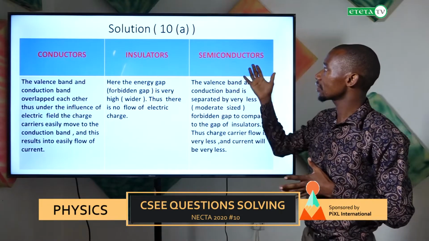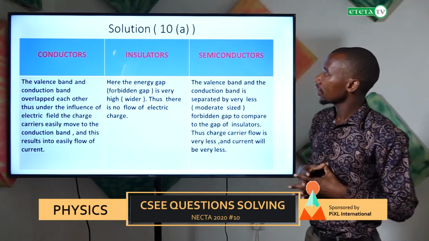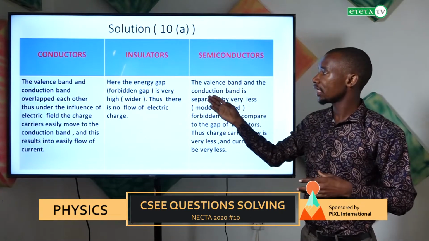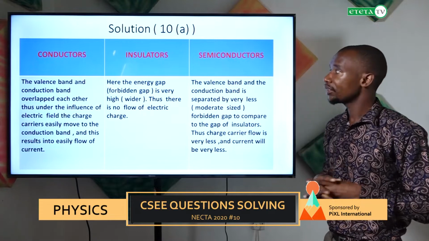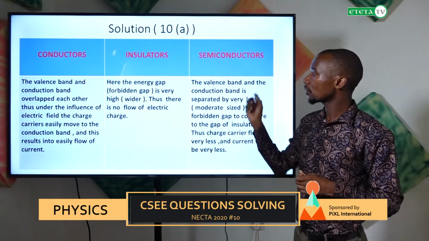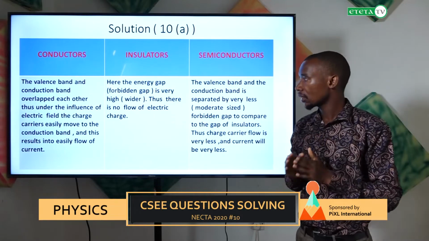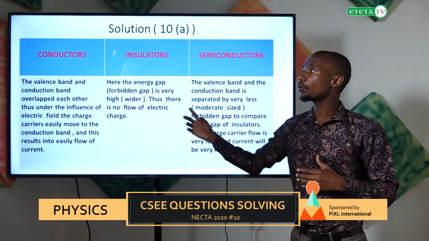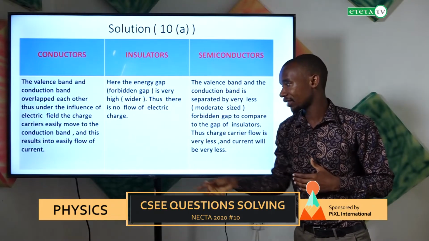When you come to semiconductors, semiconductors also have 3 bands. It has valence band, conduction band, and forbidden gap. But here, the difference is, in semiconductors, the forbidden gap is very small, or we can say that it is moderate in size if we compare it with the forbidden gap found in insulators.